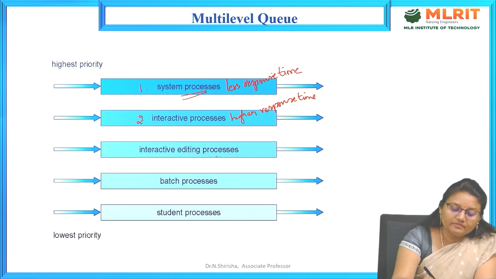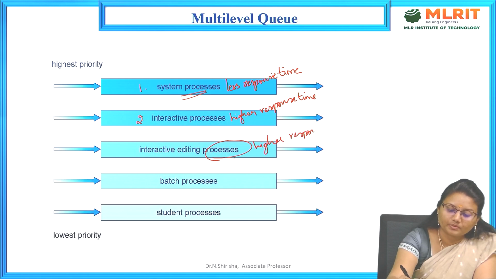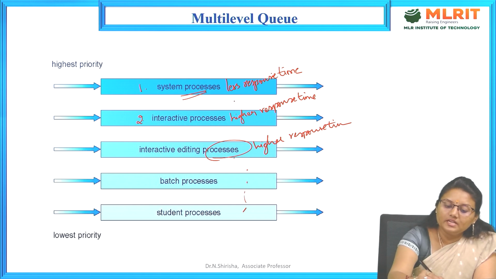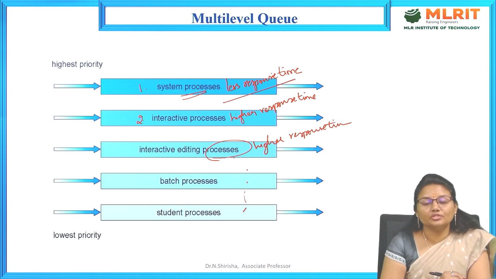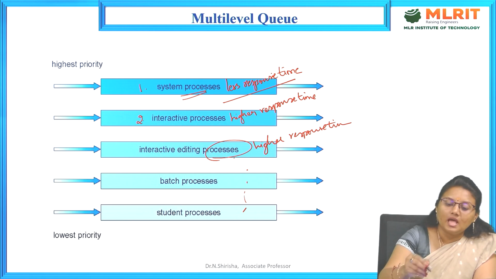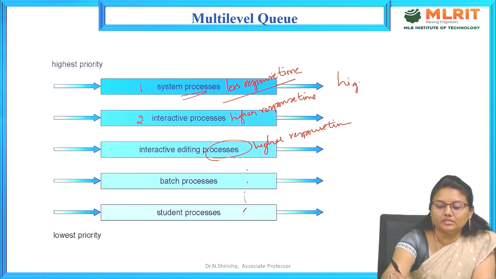Interactive editing processes also belong to the higher response time category. So whenever there is a low response time, those processes lie in the system process, and they will have the highest priority.